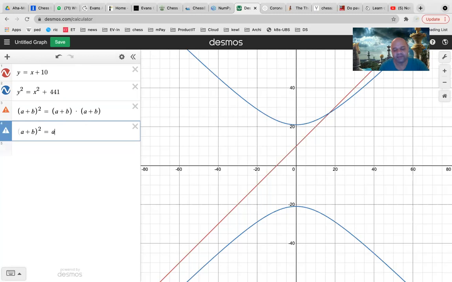So what you get? A square. Now the first a you multiply with the second term of the second bracket, which is b. So a into b. Plus now you take the second term of the first bracket and multiply it. So now it is b into a plus b into b, which is b square, right?